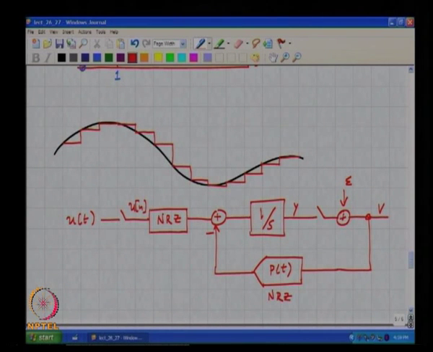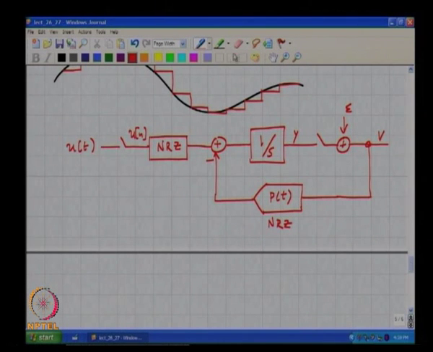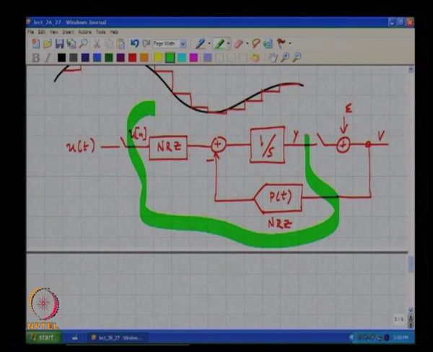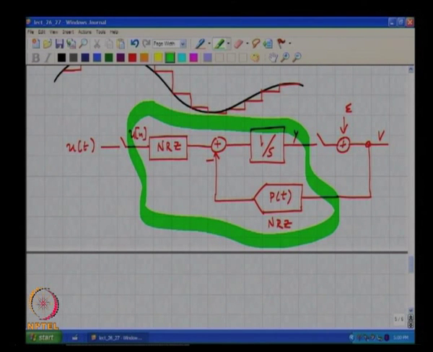So, that will then allow us to represent this whole thing as what? As a 2 input discrete time integrator.